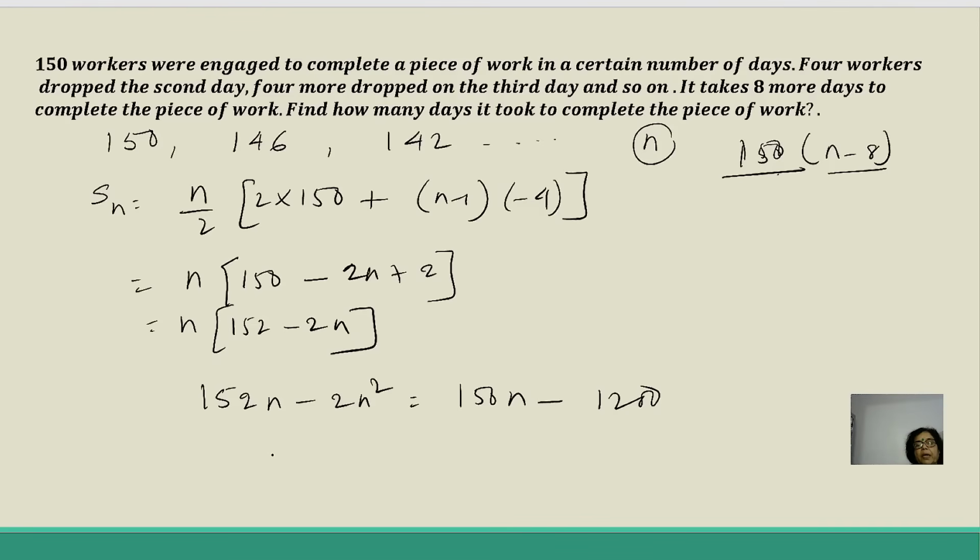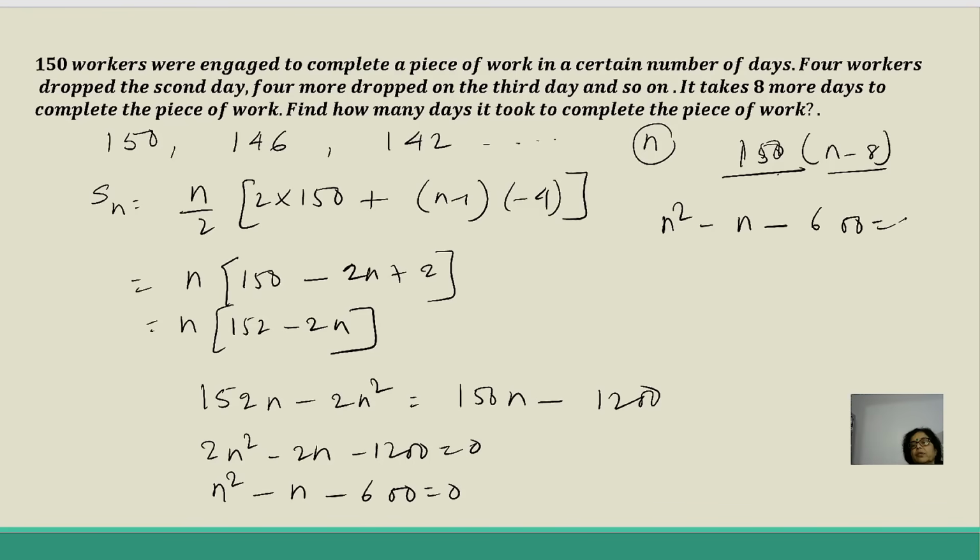So now if we simplify this further, 2n square minus 2n minus 1200 is equal to 0. Taking out 2 common, n square minus n minus 600 is equal to 0. We can factorize it by any method that suits us.